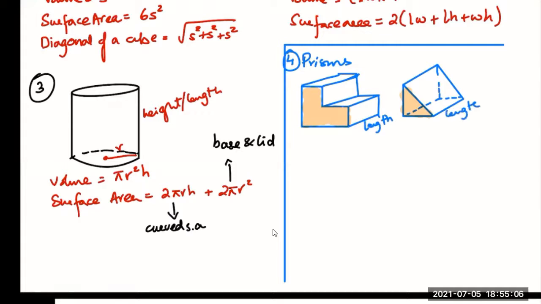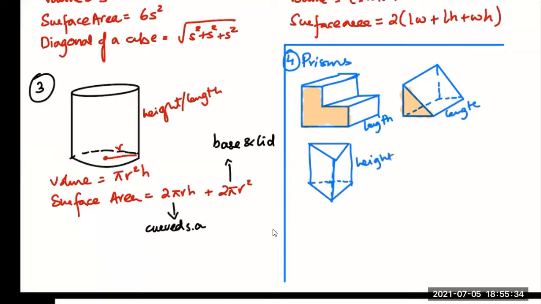Sometimes the prisms can be in height as well. This is a prism that's perpendicular in terms of it. So this is in height.